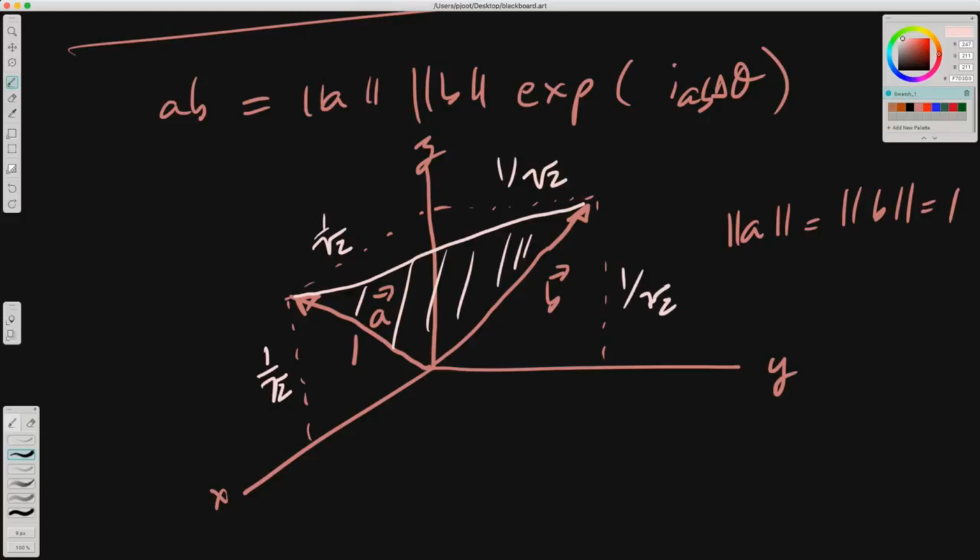So this one is also length 1. And let's call that C, going from the tip of A to the tip of B. And this is an equilateral triangle with the same angle. We've got pi by 3 in all of these angles.